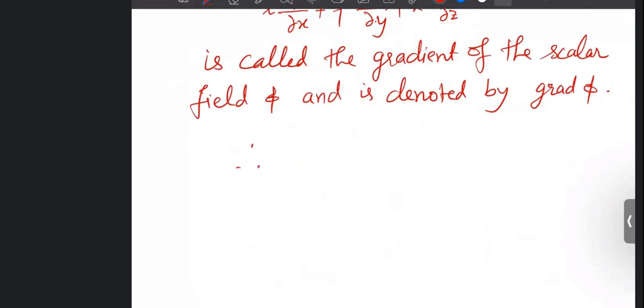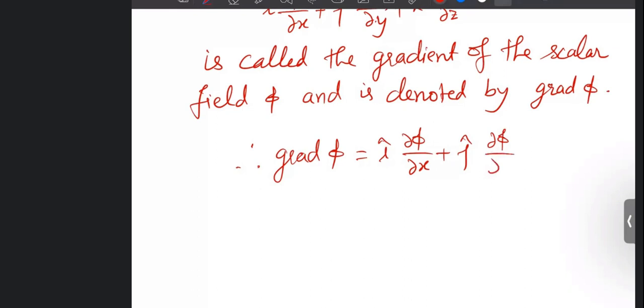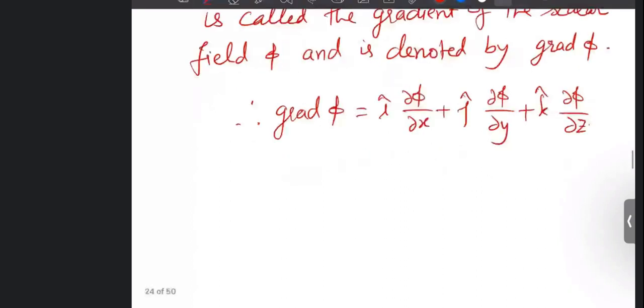Therefore, grad phi = i ∂phi/∂x + j ∂phi/∂y + k ∂phi/∂z. This will be the gradient.